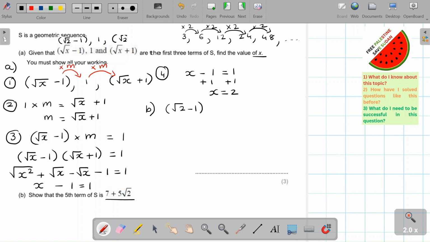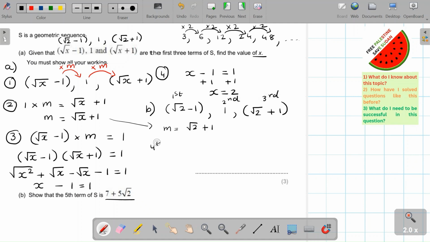And then the next number will be root 2 plus 1. Okay, so those are the first three terms, and the value of m is root x plus 1. So from here I can say m is equal to root 2 plus 1.